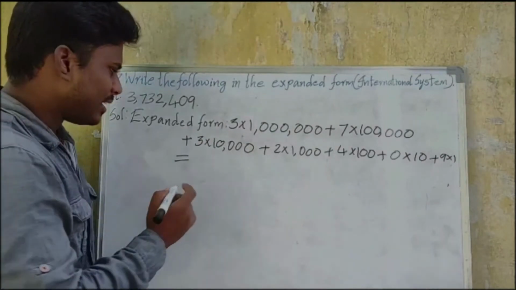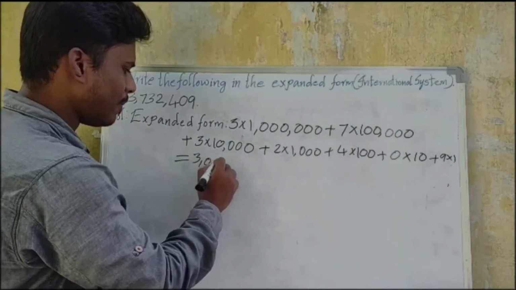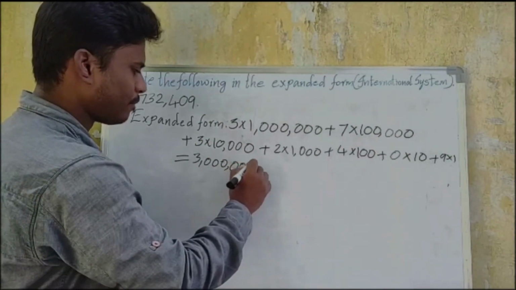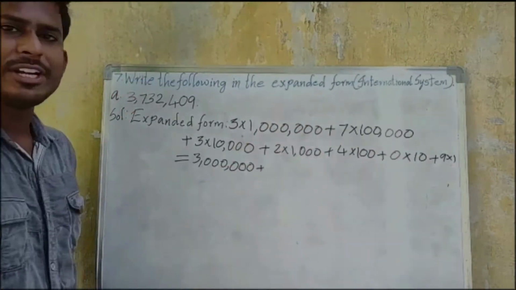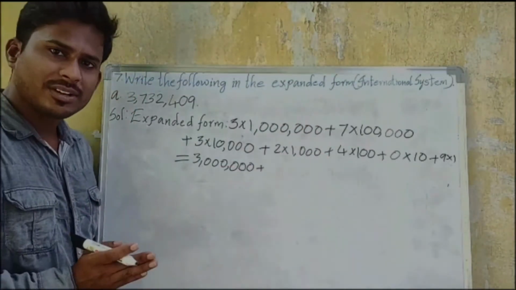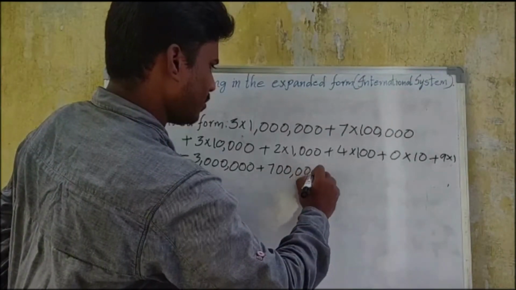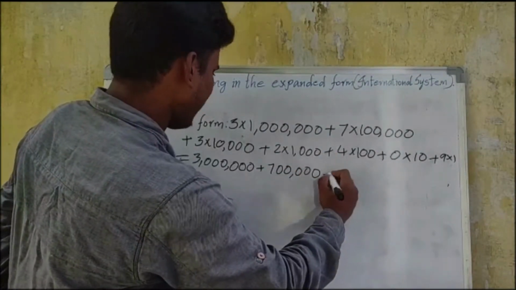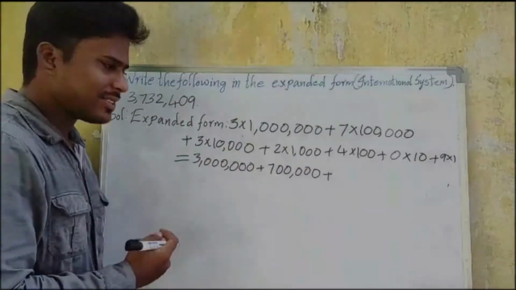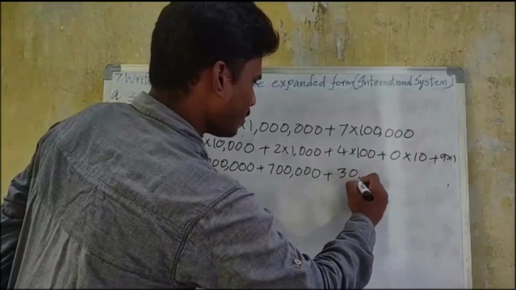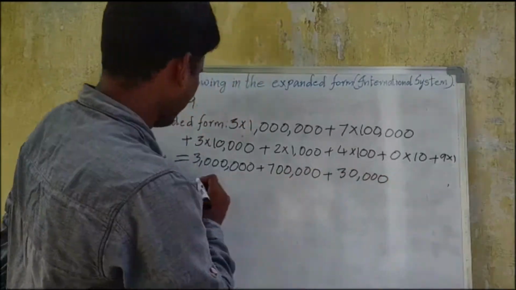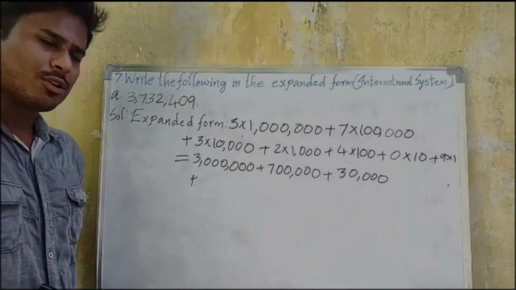3 into 1 million. 3 million plus 7 into 100,000, 700,000, plus 3 into 10,000 is 30,000 plus 2 into 1,000 is 2,000.